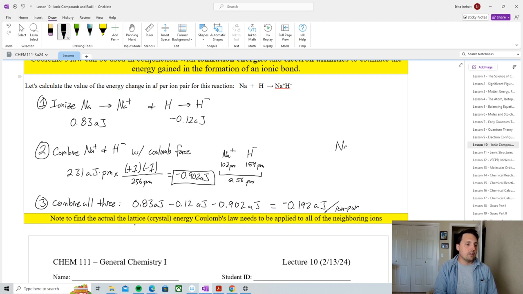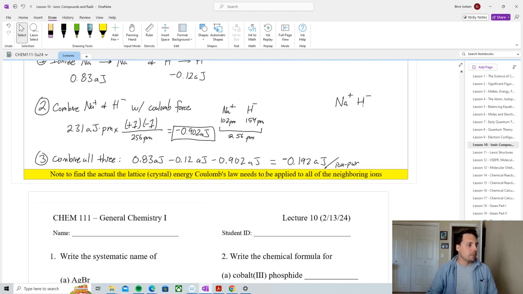Because when we write out a sodium hydride interaction, there's other hydrogen ions and other sodium ions around this, right? And so if we account for all of those attractions, the Coulombic energy actually should get more negative. And anyways, that's just a small note there.